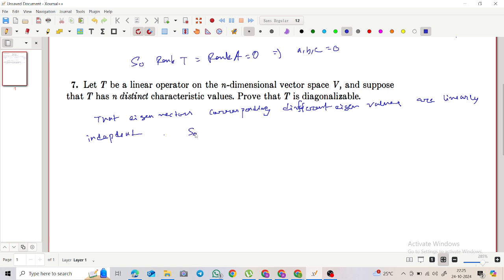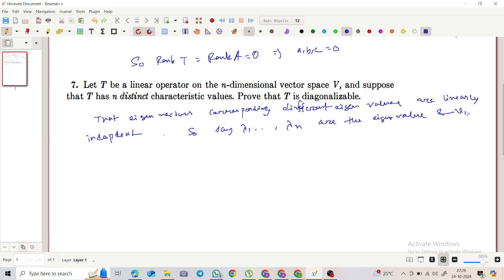So say lambda 1 to lambda n are the eigenvalues, and Divya and Ogniditya, if you don't understand something, please let me know.